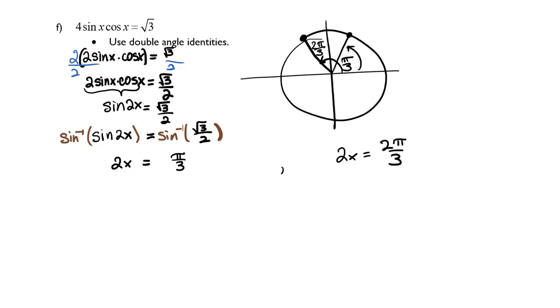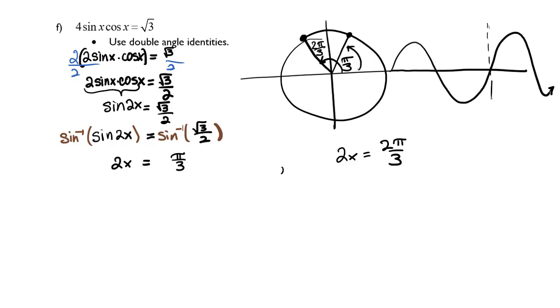Now each one of these answers occur every full rotation around the circle, or for every period of sine of 2x, assuming that sine continues on. So every period of sine, this will happen again. So we assume that that's every 2 pi, which means I'm going to add 2 pi k to both of these solutions at this point. And then I'm going to solve for theta, or for x in this case, the angle.